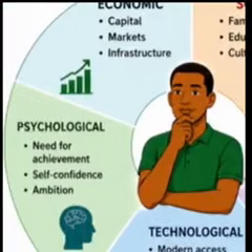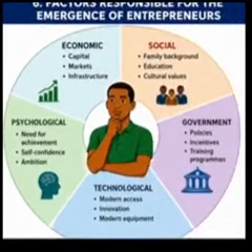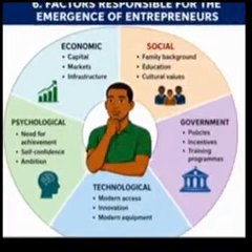Cumulatively, these are the factors that give birth, that give rise to entrepreneurship socially, economically, psychologically, technologically, and government becoming also another factor that give birth to entrepreneurship or entrepreneur.